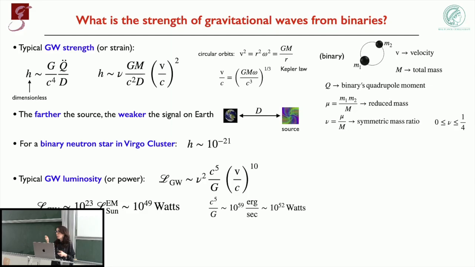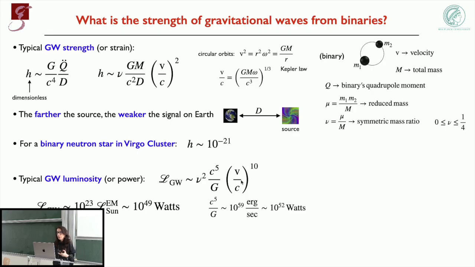Now, if you compute the luminosity, which is the energy per second, just taking the derivative of h and then squaring it, similar to what you would do in electromagnetism, you get this formula here, where the dependence on the relative velocity over the speed of light is to the power 10.